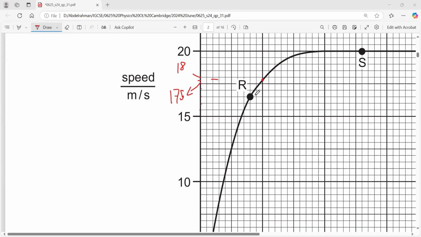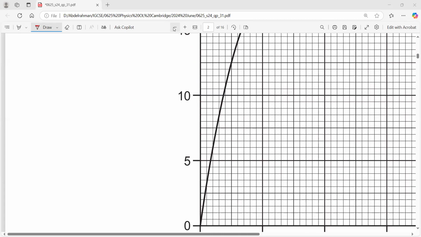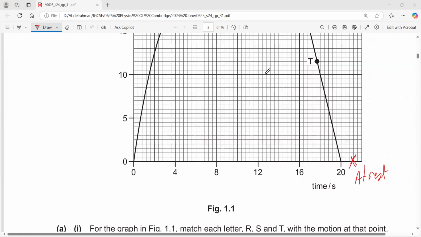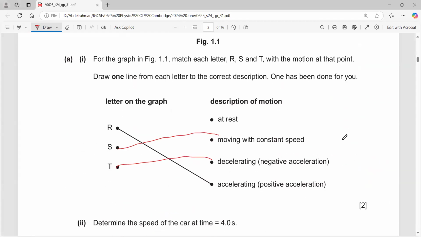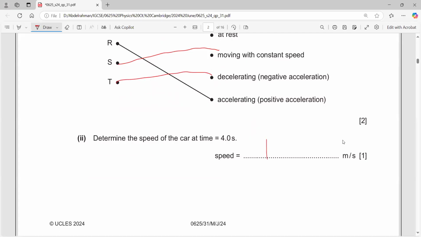So it would be 17.75 to be very exact. Let's zoom out again and write it down: 17.75 meters per second.